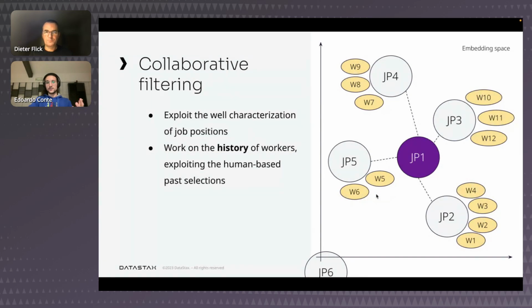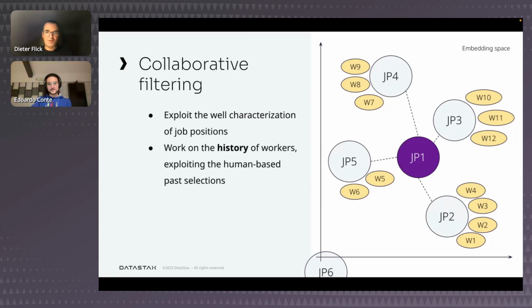They're not having complete profiles. So here we're not really exploiting the data of the workers, but we're only exploiting the history they had with our system. So yeah, this is, let's say, a high-level overview of the algorithm, and probably you guys already know it. It can be of inspiration to someone, but open to questions.